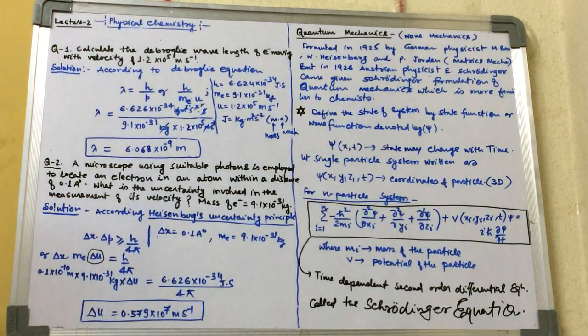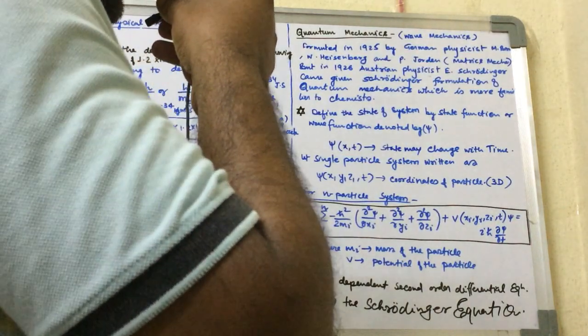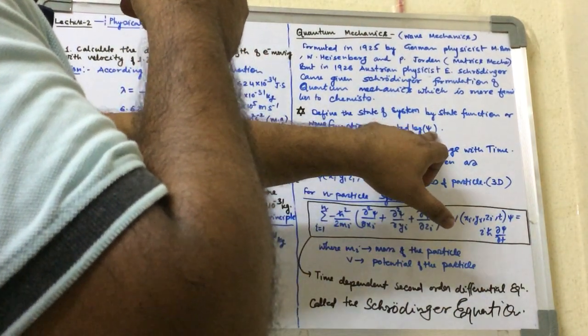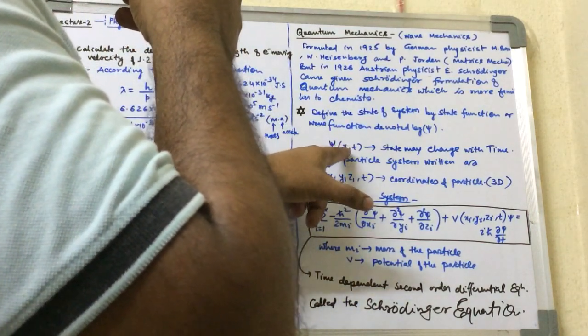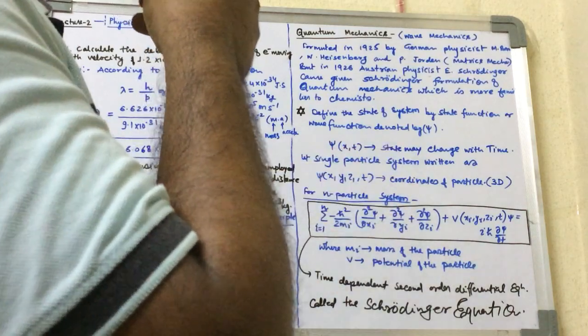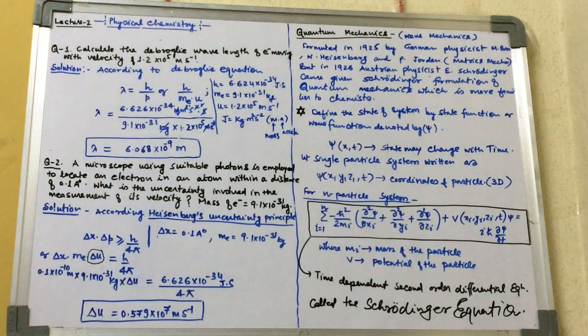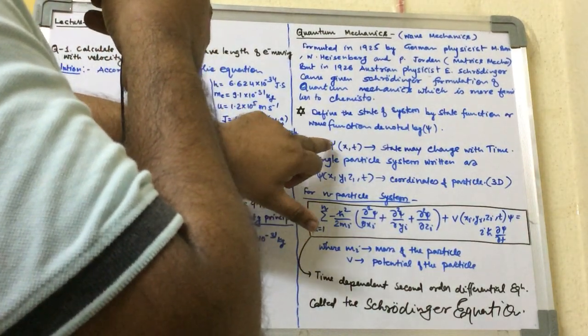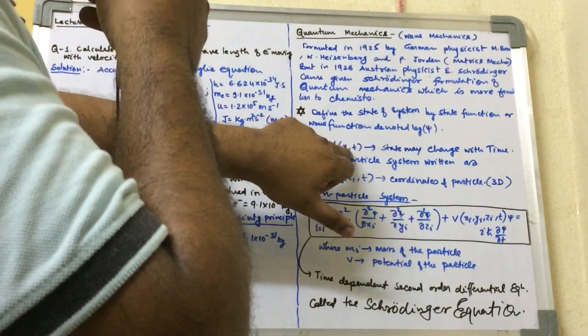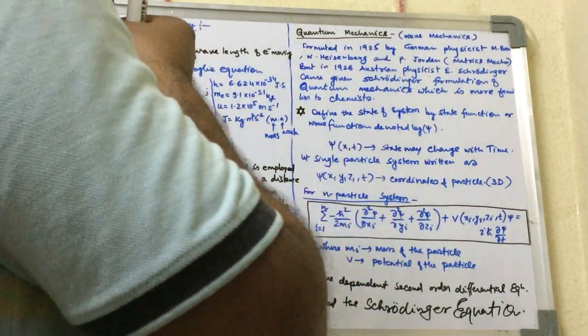If any moving particle, as I told you, creates a wave, that wave we basically denote by the psi function, the psi wave function. Psi is a function of position and time. If we determine the information about any wave, then we will use this psi. Psi here is the wave function, x is the position, and t is the time.